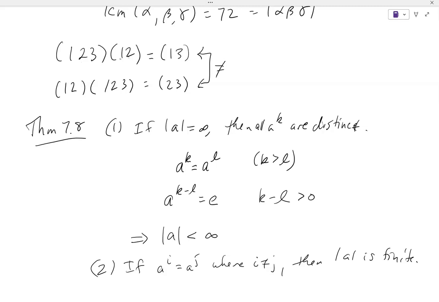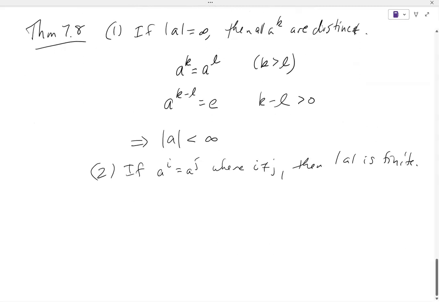All right, so a couple of other proofs that go along with this. This is theorem 7.9.